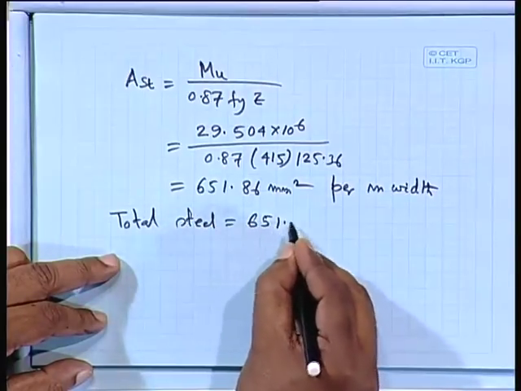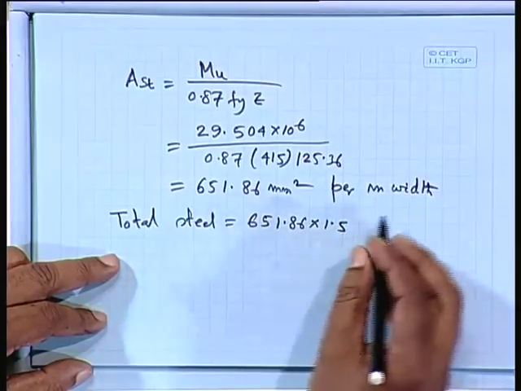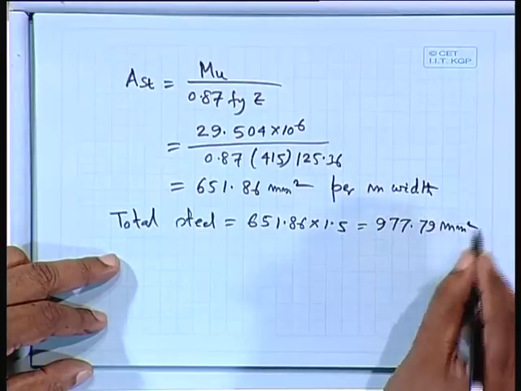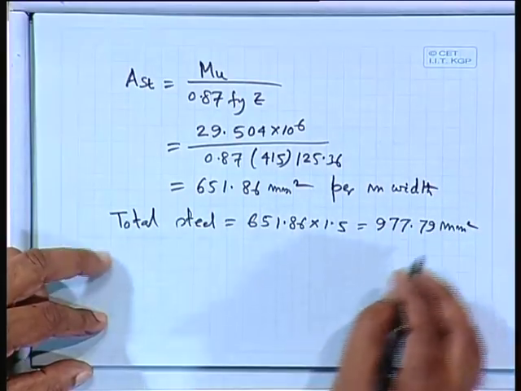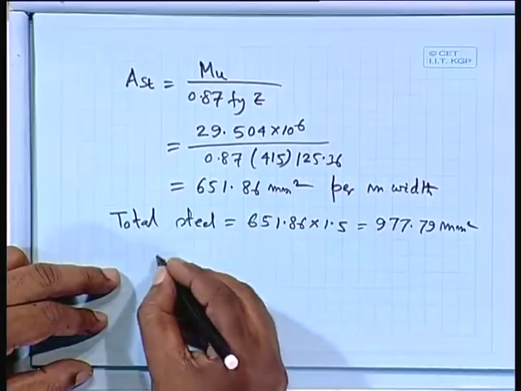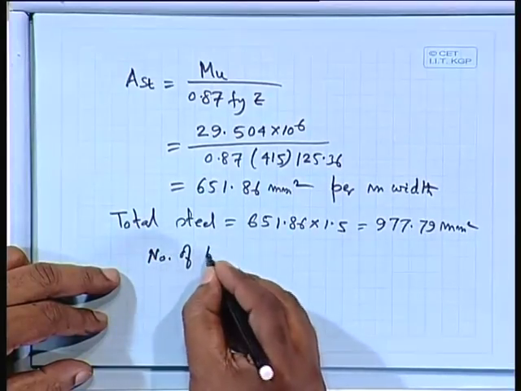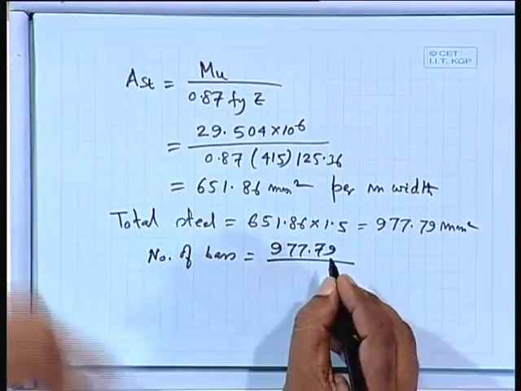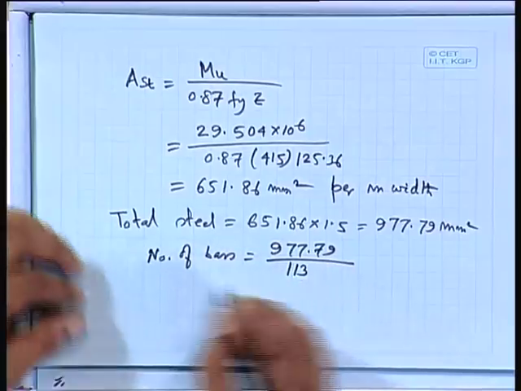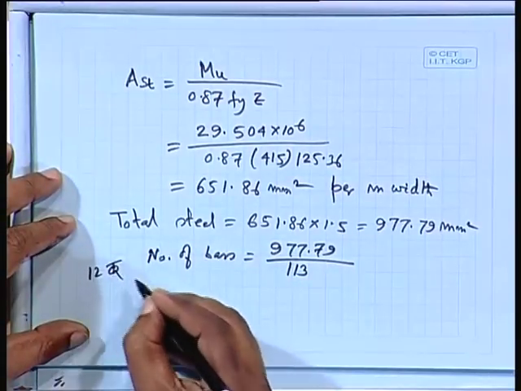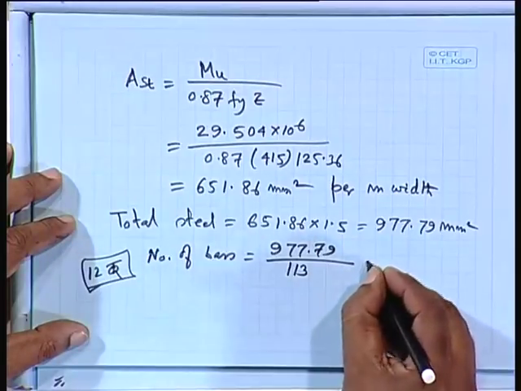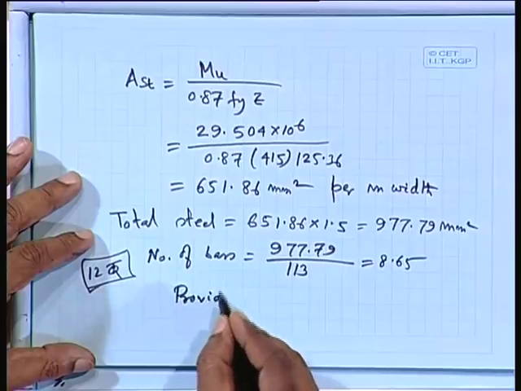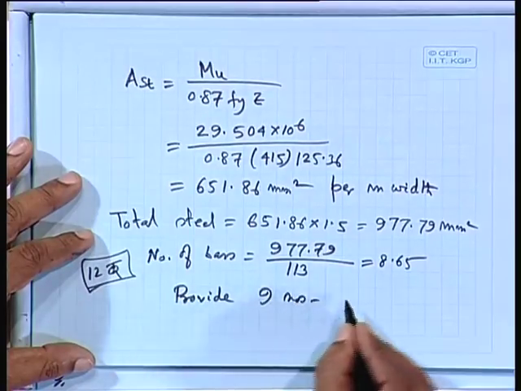Equal to 651.86 times 1.5 equals 977.79 square millimeter. So we can provide the number of bars: 977.79 divided by 113 for 12 torr equals 8.65. So provide 9 numbers of 12 torr.